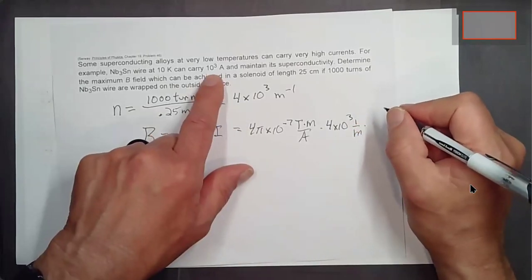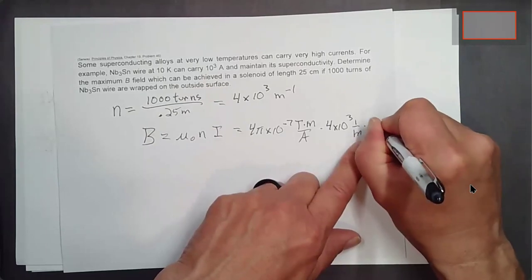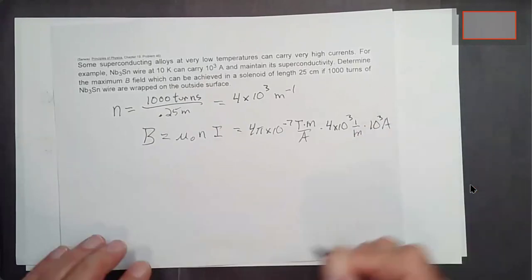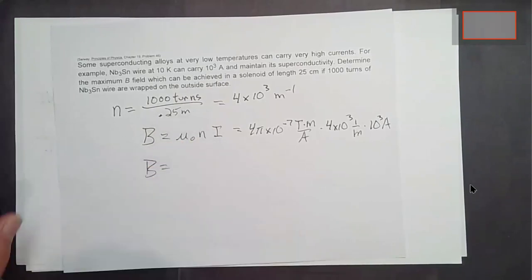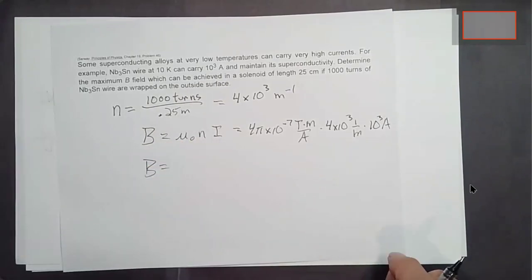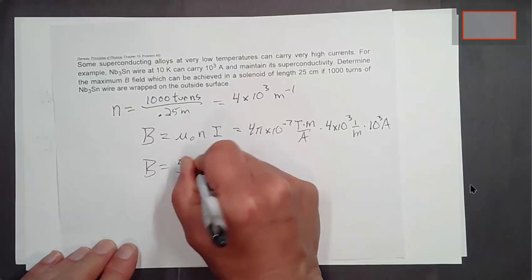And then the current it can carry is 10 to the third amps. So the magnetic field strength is, I get about 5 Tesla.